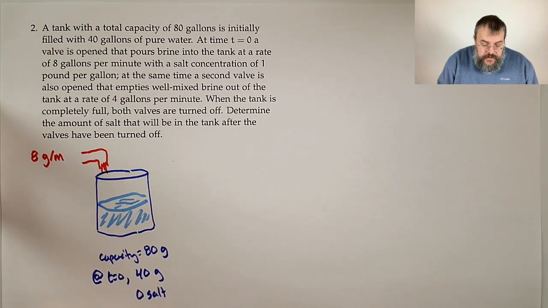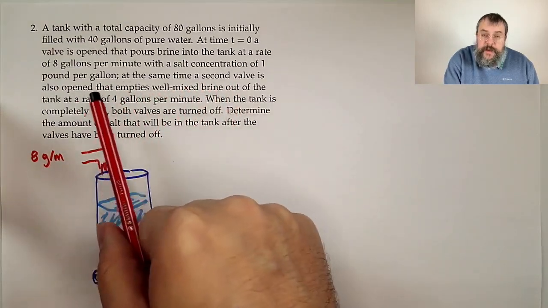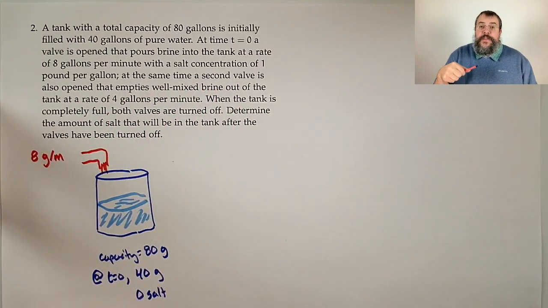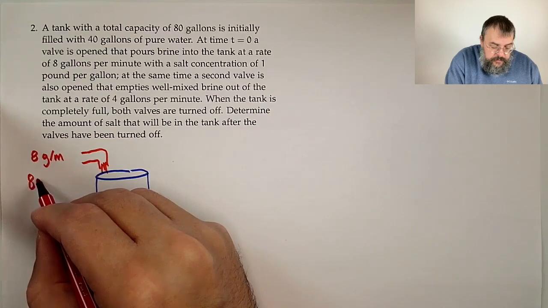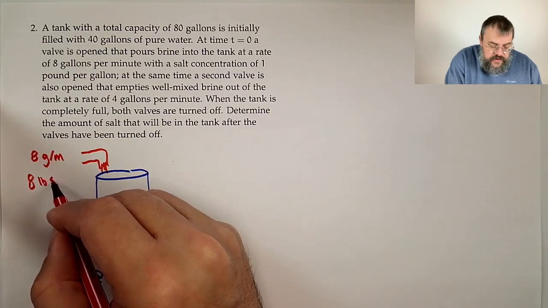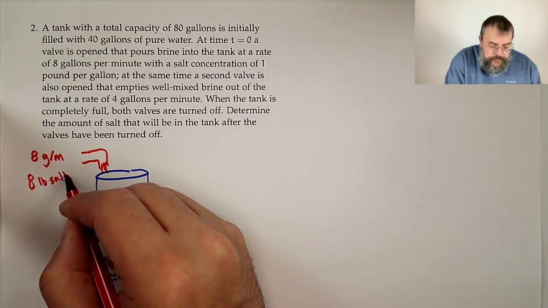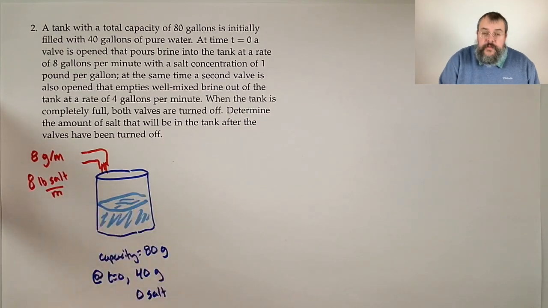And notice the salt concentration is 1 pound per gallon. Well, if it's 1 pound per gallon and there's 8 gallons, that says there's 8 pounds of salt per minute. That's how much is going in.